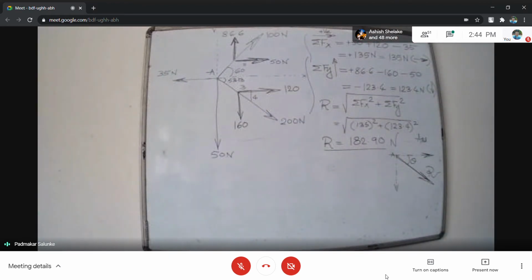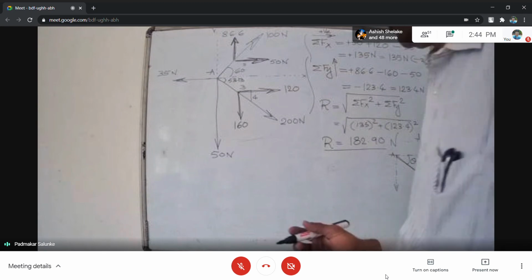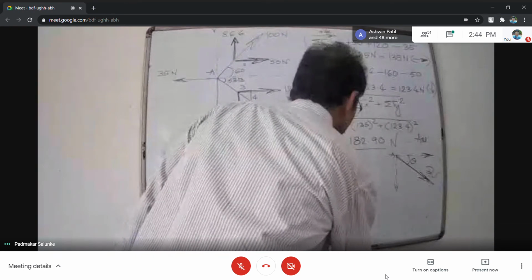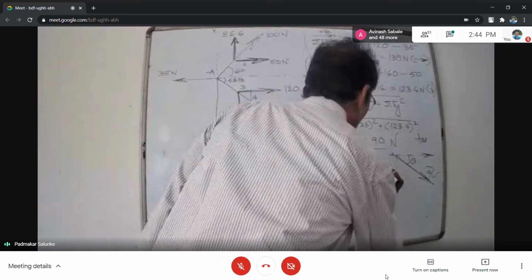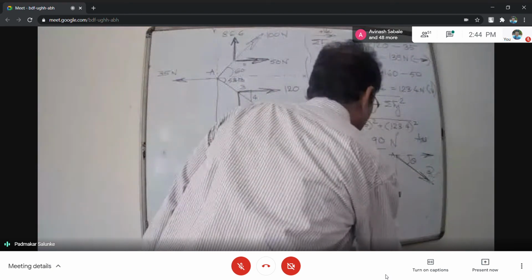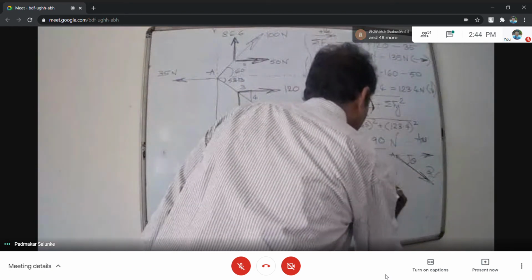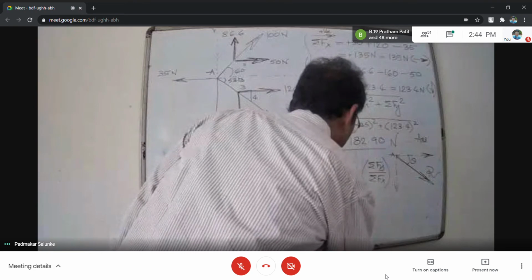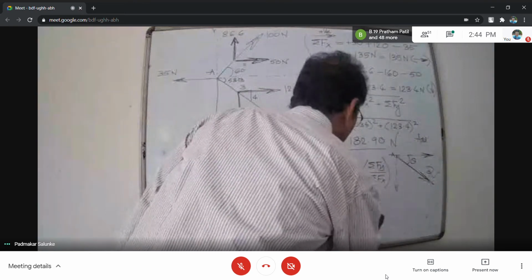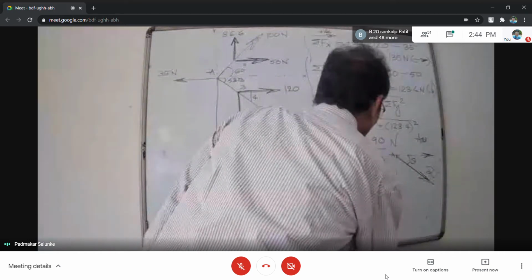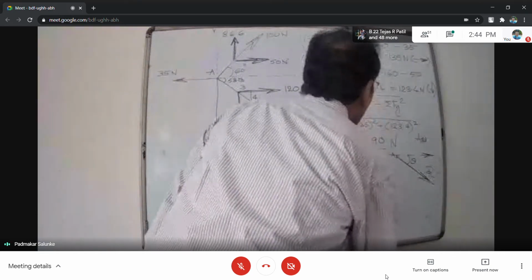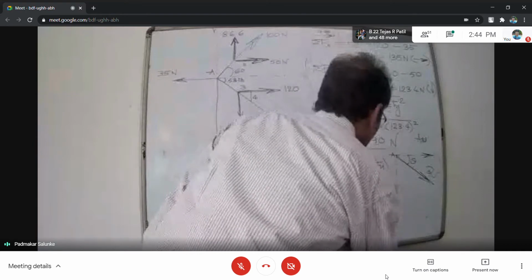And hence, the direction of resultant force theta equals tan inverse of summation of Fy divided by summation of Fx. That is tan inverse of summation of Fy, which is 123.4, divided by 135.